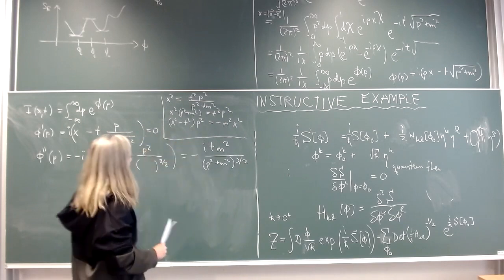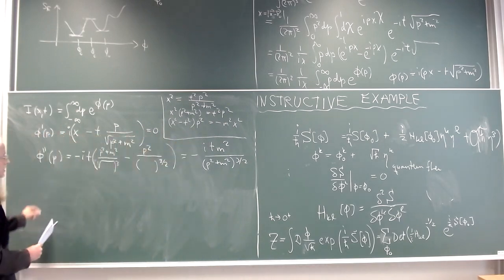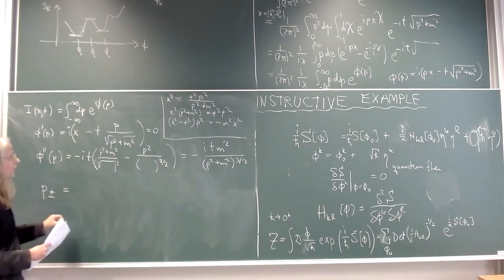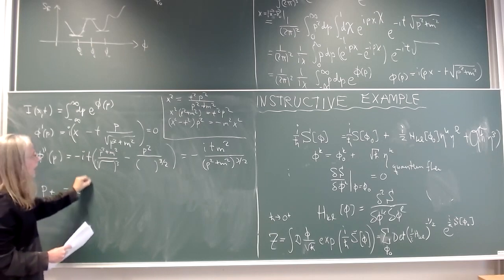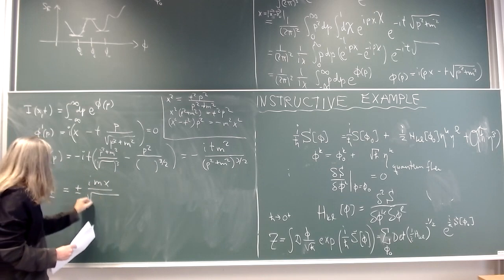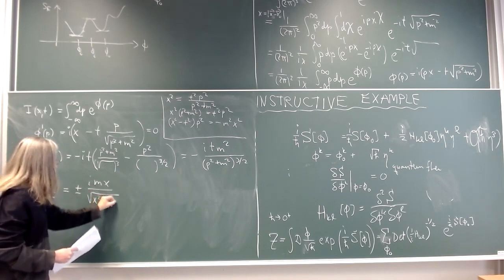And now we can find p. So long story short, there are two solutions, p plus and minus, equal to plus minus i m x over square root of x squared minus t squared.